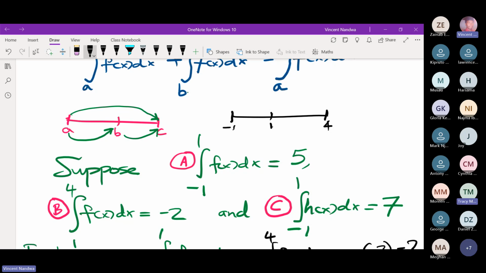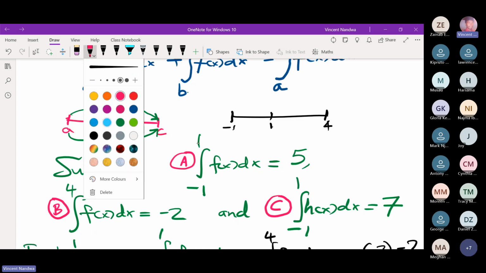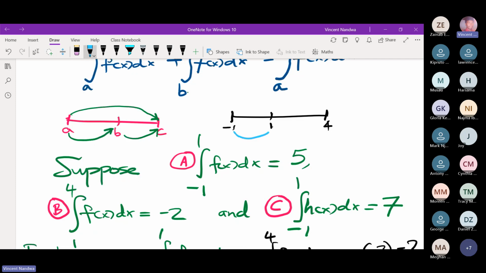to go in 2 steps. First, we'll have to move from -1 to 1, which will use the first integral, then move from 1 to 4, which will be given by the second integral. Then we add, and we'll have moved from -1 to +4.